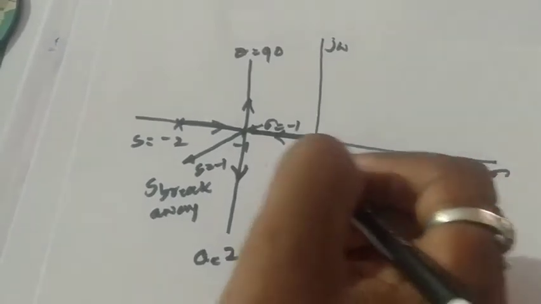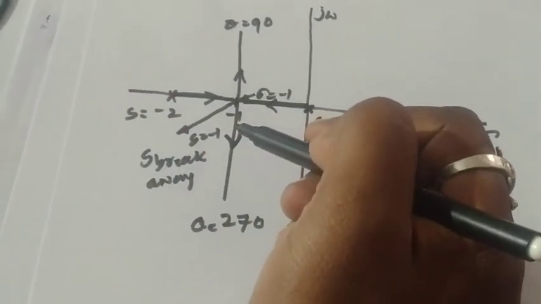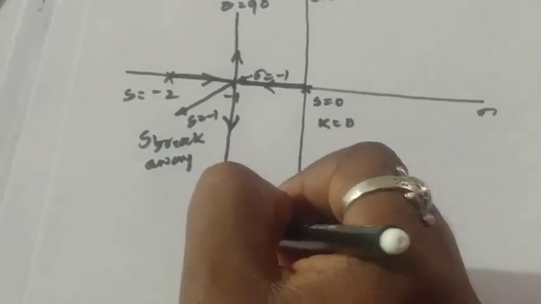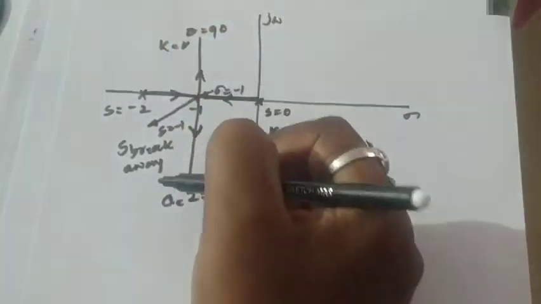So your root locus is like this. This is at k is equal to infinity.